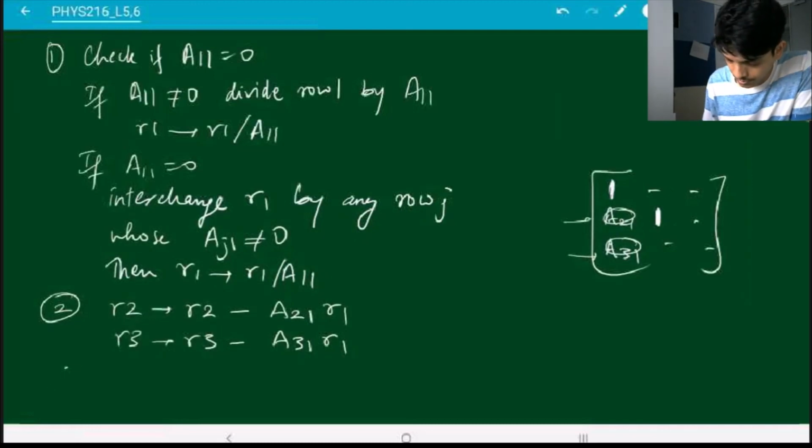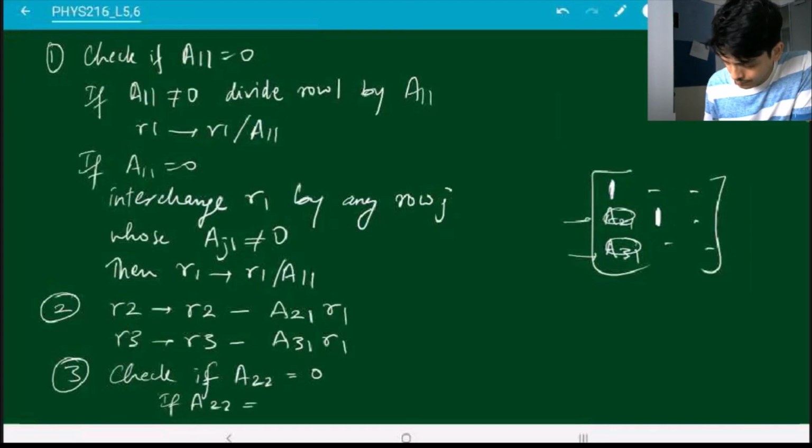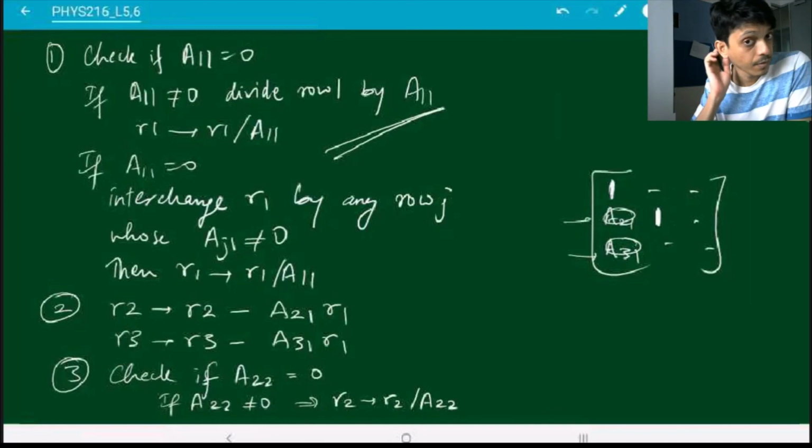Next step is to make this one equal to 1. So third, check if A22 equals 0. If not, then you divide R2 by A22, basically the exact same thing as you did over here, except for the second row, second column.